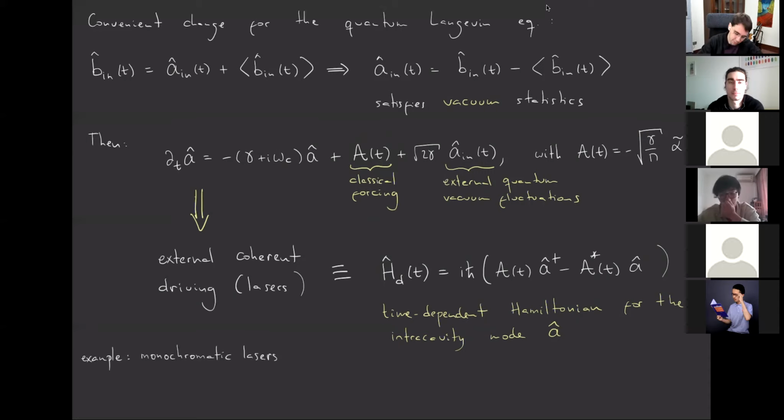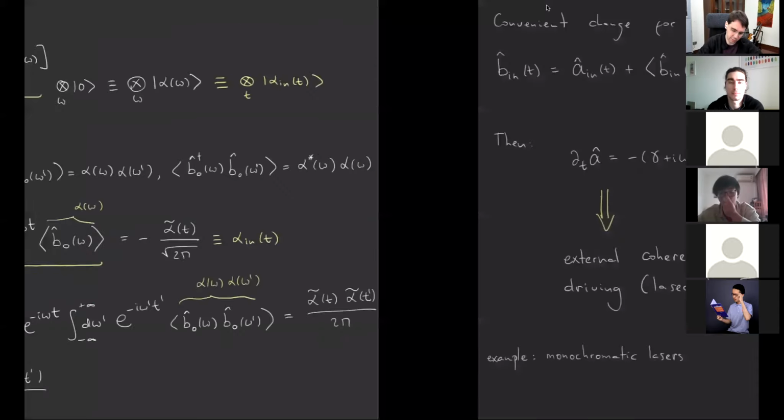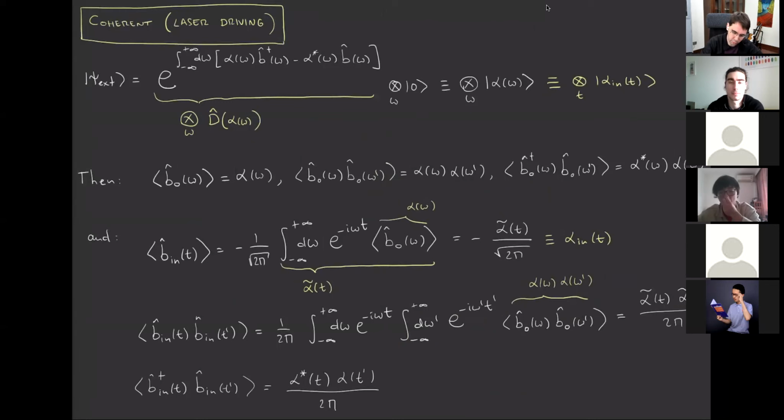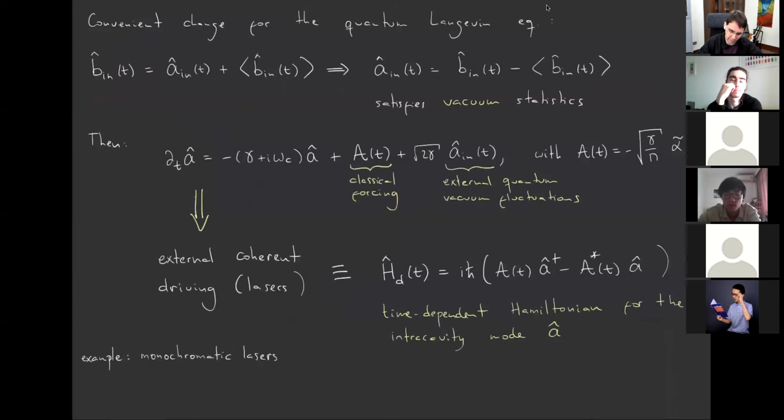So as I said, this means that outside the cavity, so let me come back to this description. So now when I say that the external modes are in a coherent state, now what I am saying is that these alphas will be non-zero for some specific frequencies. And this can be written just in this way.